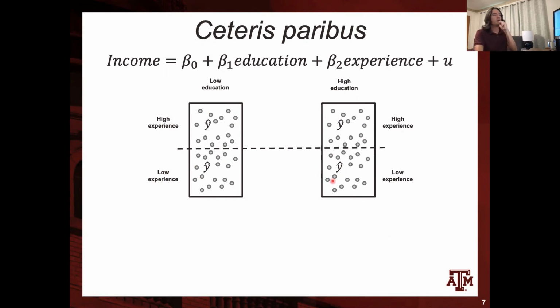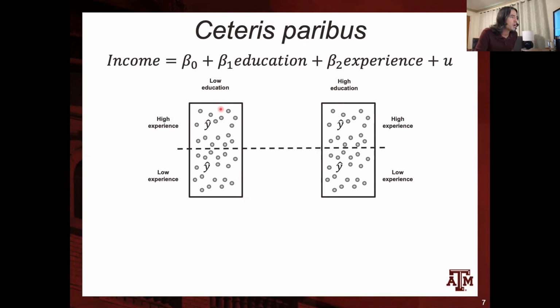So when we are trying to understand the effect of education on income, when I say that I want to analyze the effect of education on income, I have to compare people that have low education with people that have high education, maintaining experience constant.